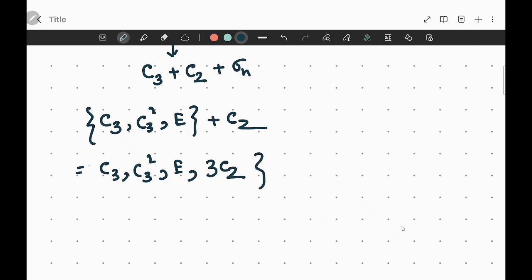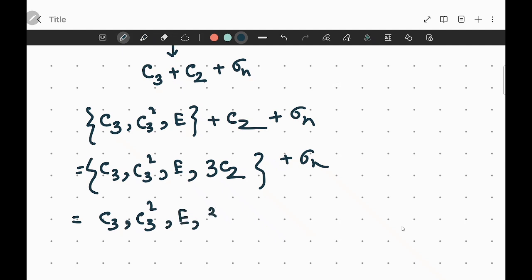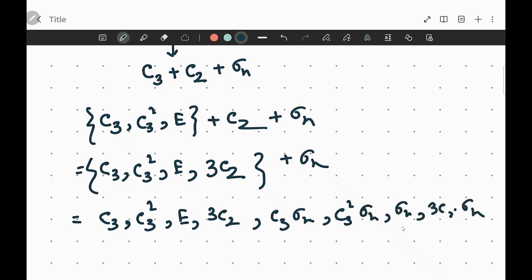Again, after having it, you have to add it with sigma h. So we have all these things already: C3, C3^2, 3C2. When you add it with sigma h, you will have C3 sigma h, then C3^2 sigma h, then again sigma h, then 3C2 into sigma h.